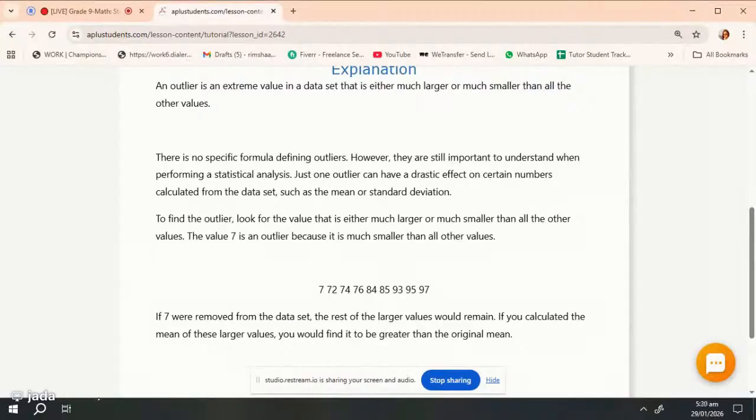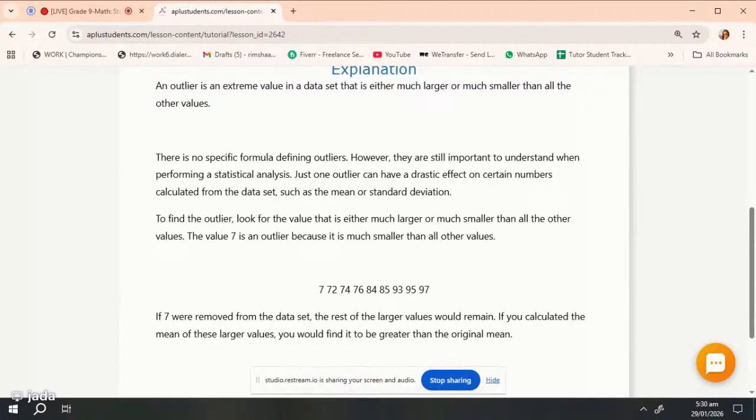It's 97. And why? Because it's much larger as compared to 72, 74, 76. So you can say that this is the outlier of this data.